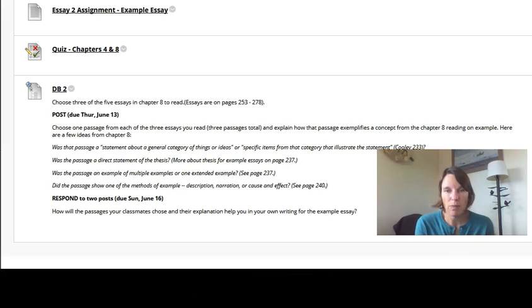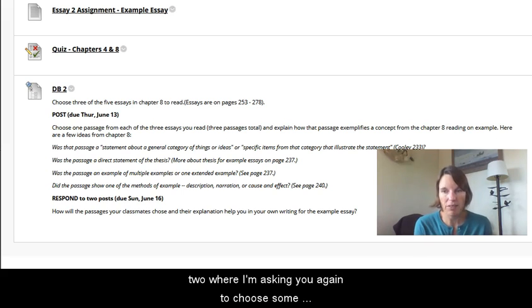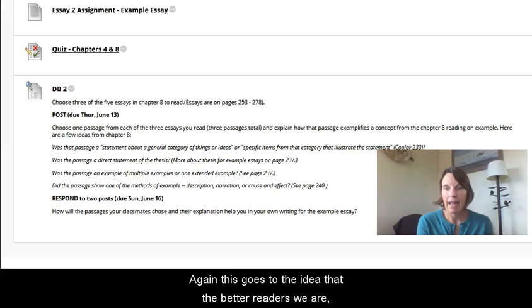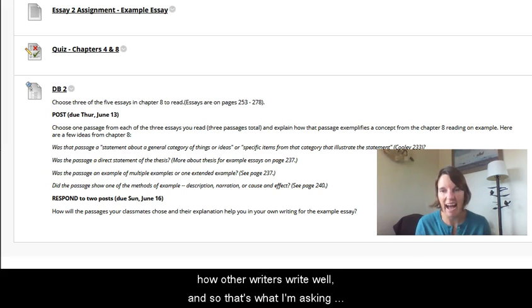The last point I want to touch on today is discussion board 2, where I'm asking you again to choose some powerful passages from the essays that you're going to read in the textbook. Again, this goes to the idea that the better readers we are, the better writers we become. So one of the best ways to improve our writing is to start to look at, identify, and analyze how other writers write well.